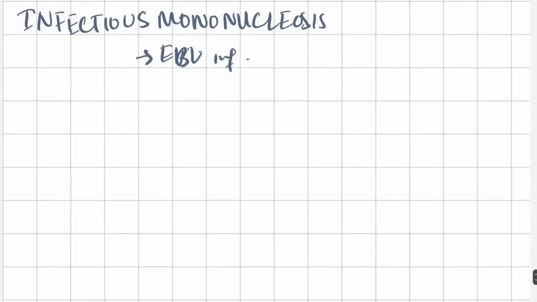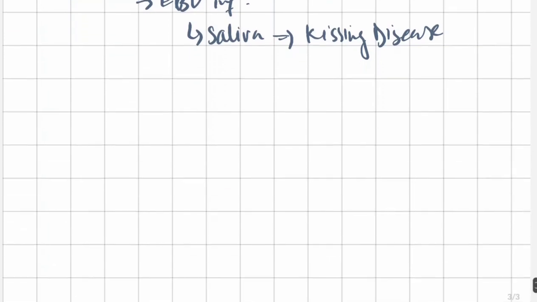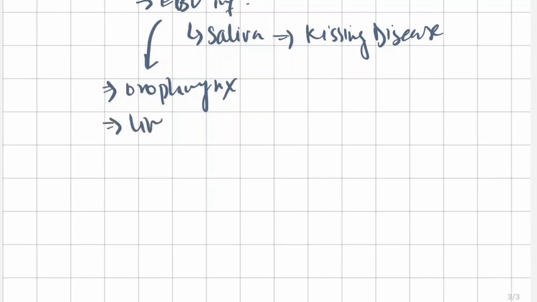EBV is transmitted by saliva, and that is why this disease is also called kissing disease. What it is going to infect, of course, is the oropharynx, because it is transmitted by saliva. It can also affect the liver and, of course, B cells.